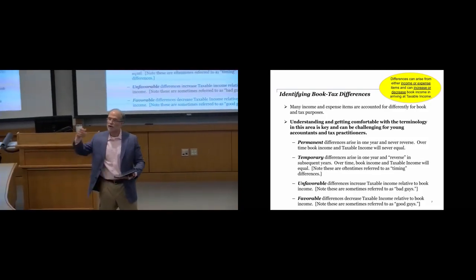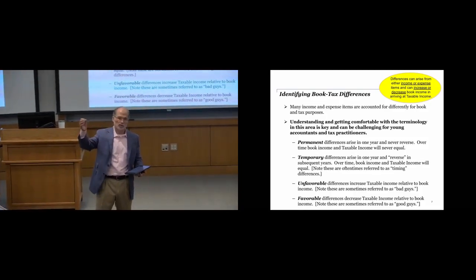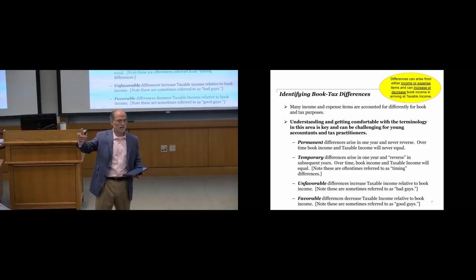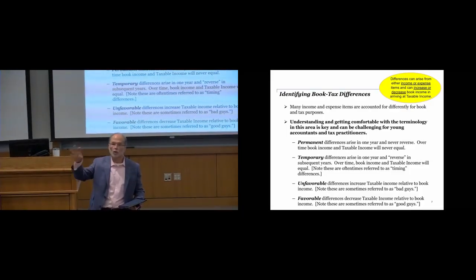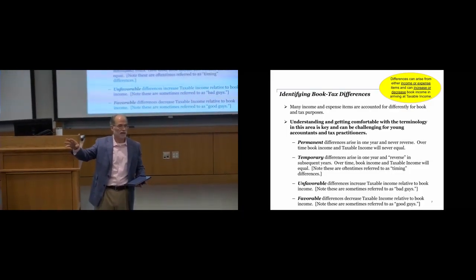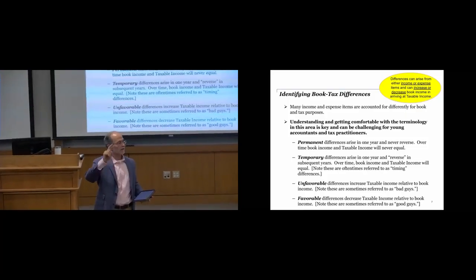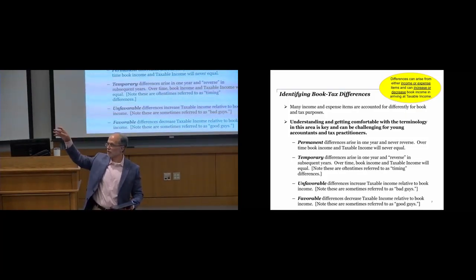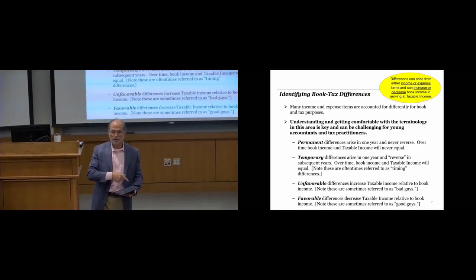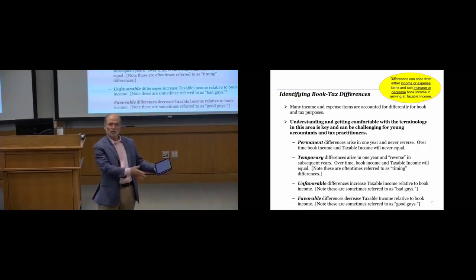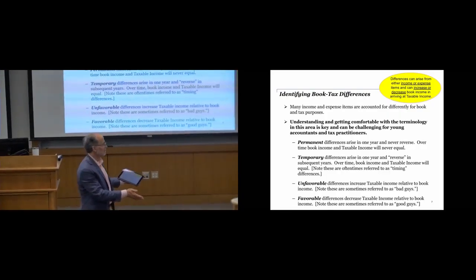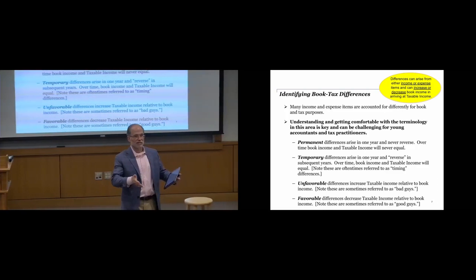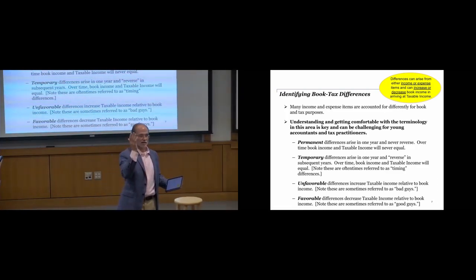When I do my temporary items, I think the next item is deferred tax assets and deferred tax liabilities. Only temporary items give deferred tax items. Deferred items are things that are going to happen in the future. If it's permanent, there's nothing going to happen in the future. It's over. Right? If it's a fine, let's say the company gets a penalty from the SEC.